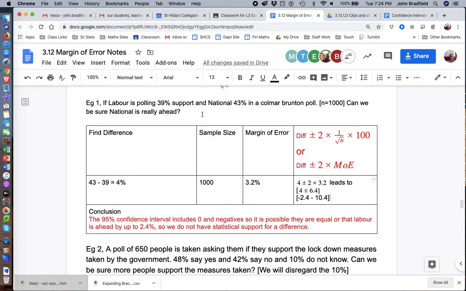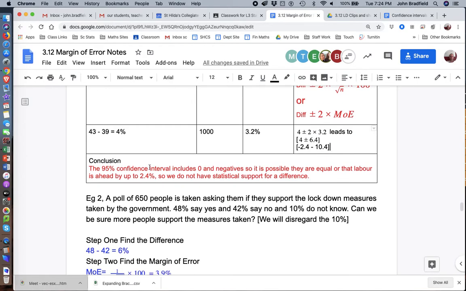Now, somewhere between those two numbers is 0, and this is good logic: 0 difference implies that they're both the same. If our confidence interval spans from a negative number to a positive number, 0 has to be in our interval, and 0 implies they're the same. And so our conclusion sentence is in red here.